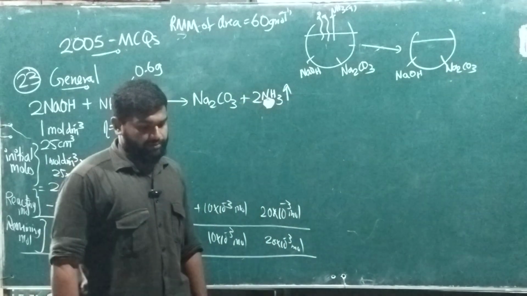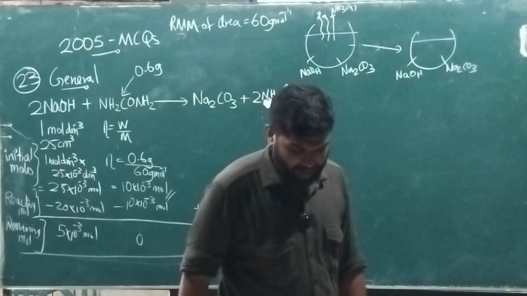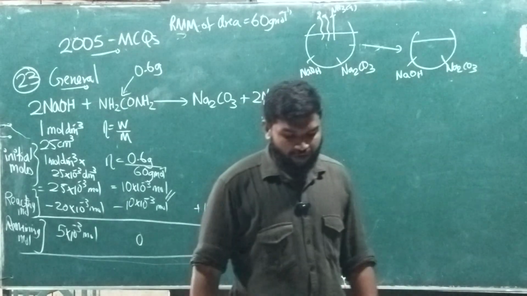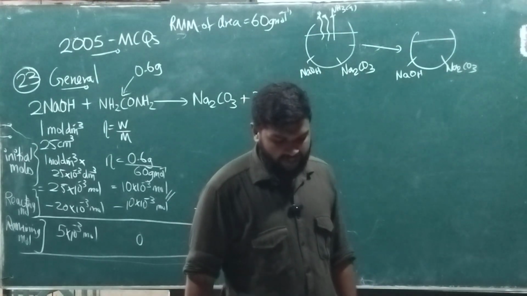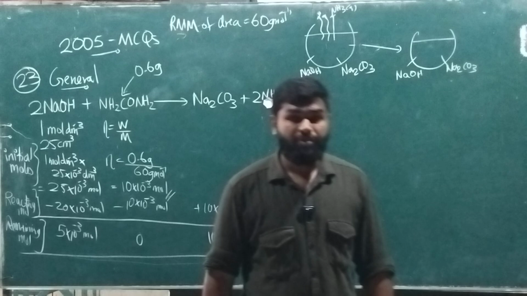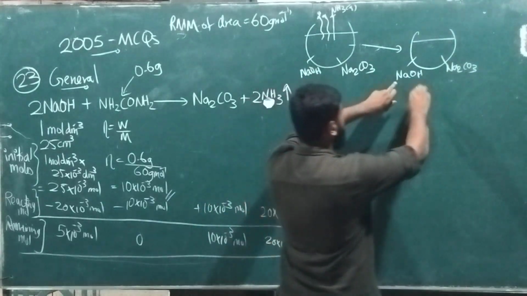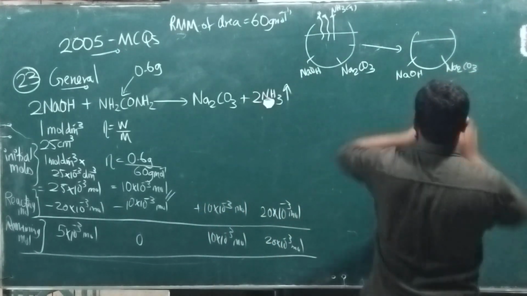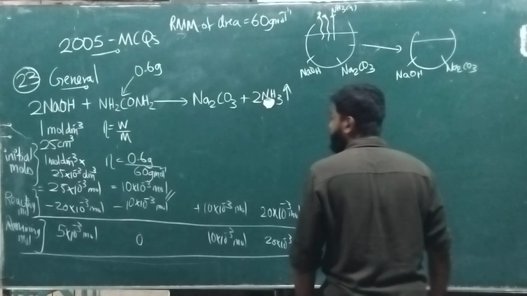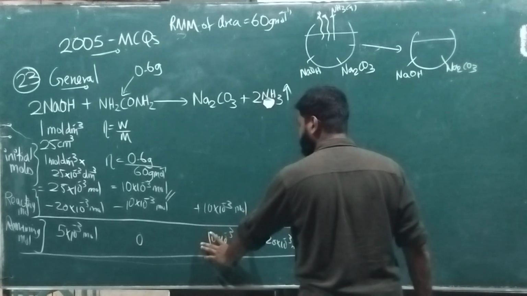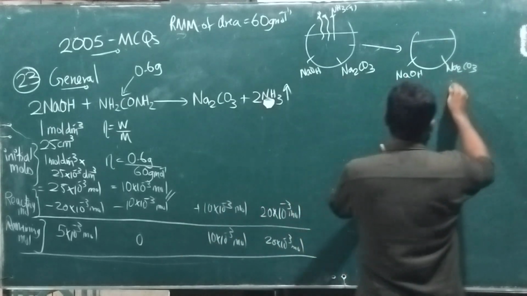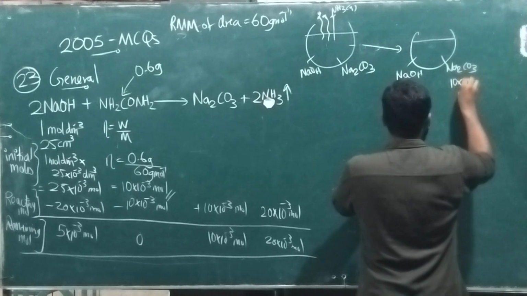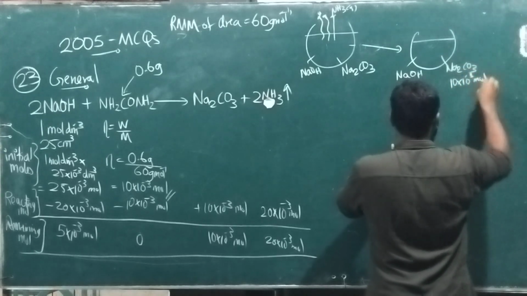Now see the question. Now they have asked the volume of 0.5 mol dm⁻³ HCl required to neutralize the resulting solution. So in the resulting solution we have sodium hydroxide and sodium carbonate. Sodium carbonate that was formed is actually 10 × 10⁻³ moles.